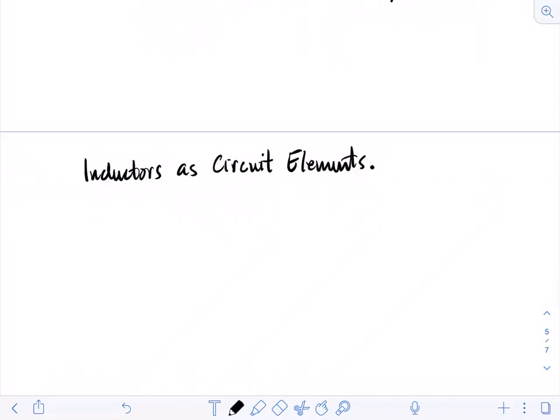What we're going to do is specifically look at LR circuits. They're going to be circuits that have just a battery and one inductor and one resistor. We'll also incorporate a switch.